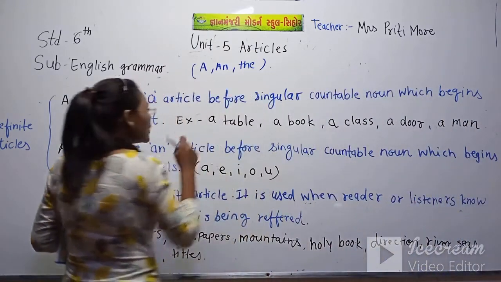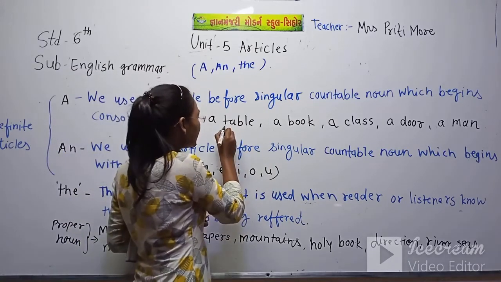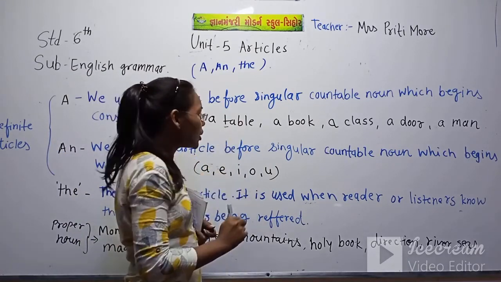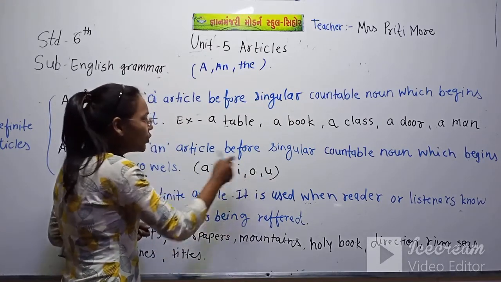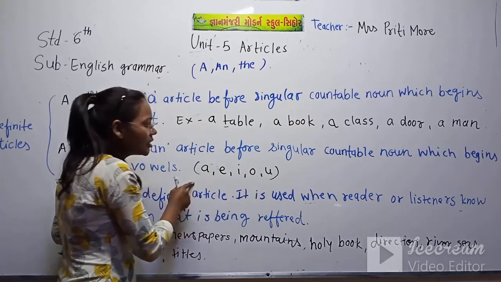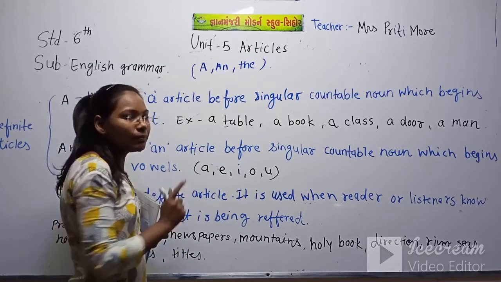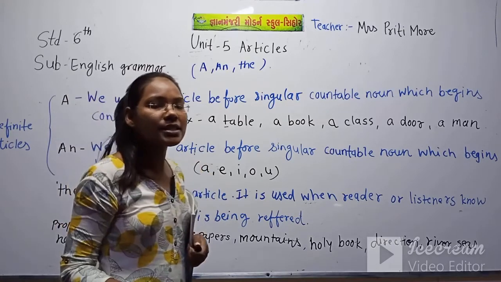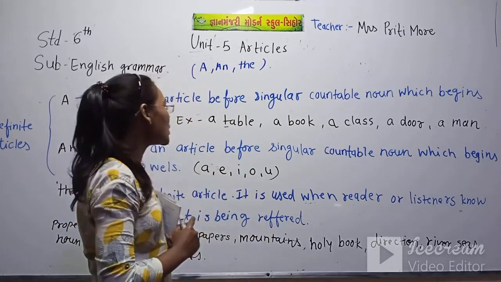Now these all words begin with a consonant. If you can see here, T is the consonant. Rest are A, E, I, O, U. These are the vowels, but apart from these vowels, other letters are the consonants.